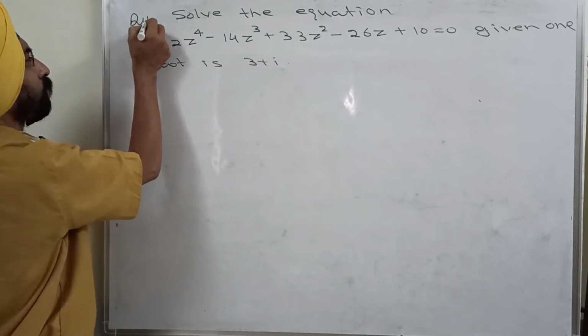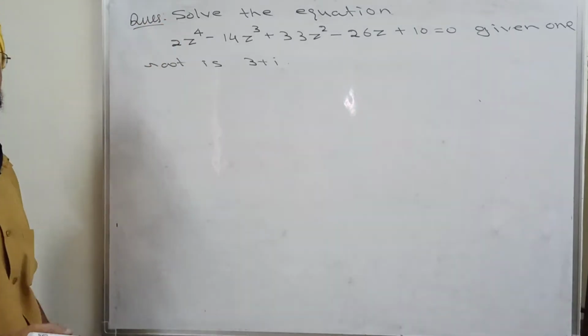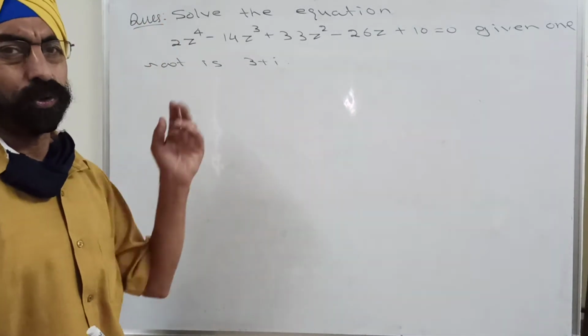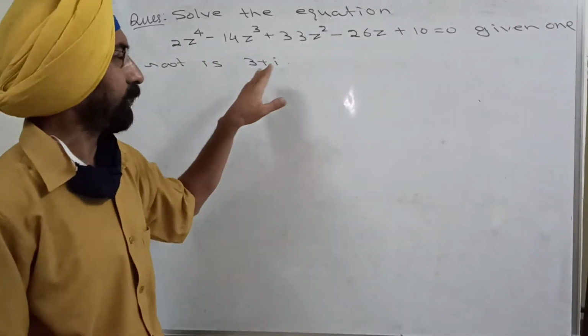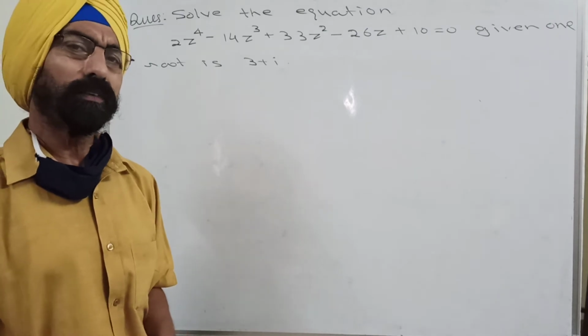One root of this equation is given to us, and we have to find the other 3 roots. The equation is in power 4, so it must have 4 roots. One of the roots is given, the 3 other roots we have to find.